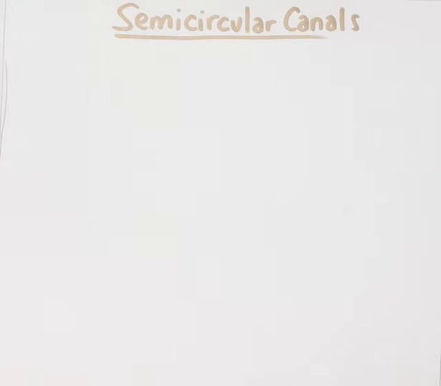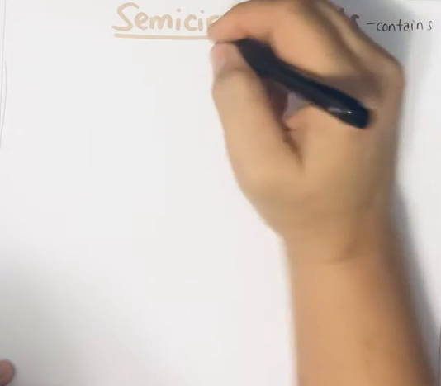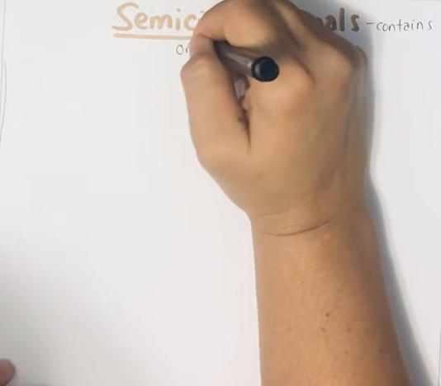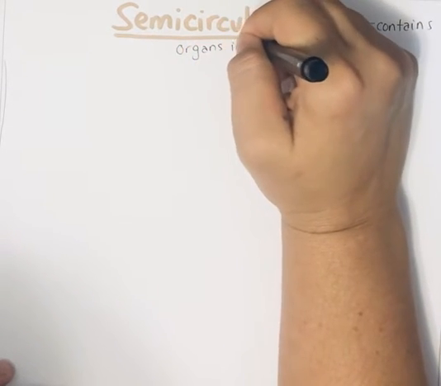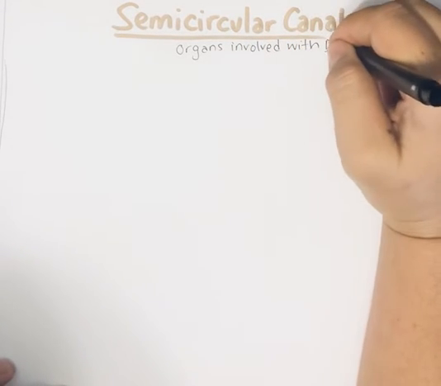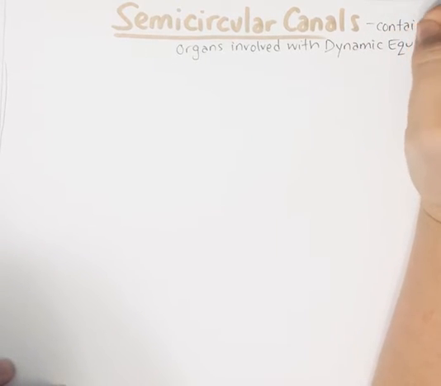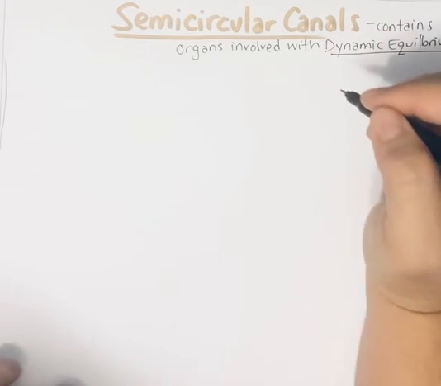Your semicircular canals are going to have organs involved with dynamic equilibrium. So one of the things that you need to understand is the difference between dynamic equilibrium and static equilibrium.